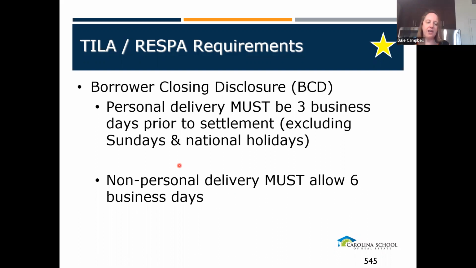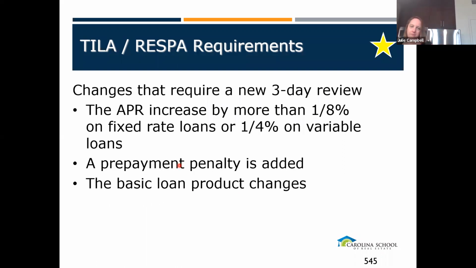So the allowable changes for the closing disclosure: if the APR increases, if a prepayment penalty is added, or if the basic loan product changes, that's going to require the lender to issue another closing disclosure, and that's going to require a new 3-day count.